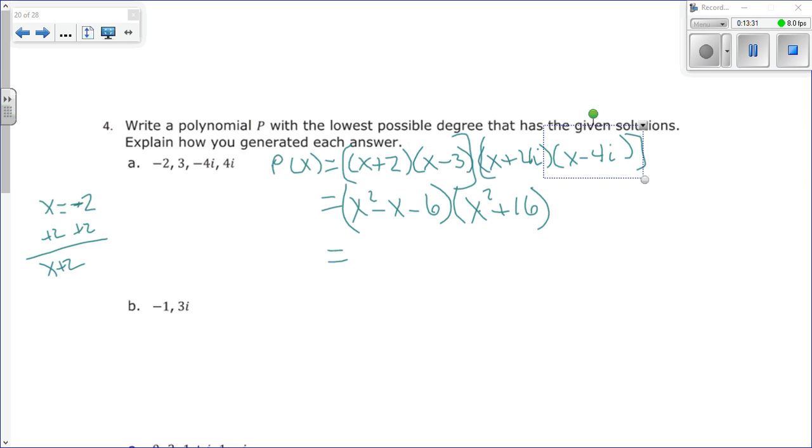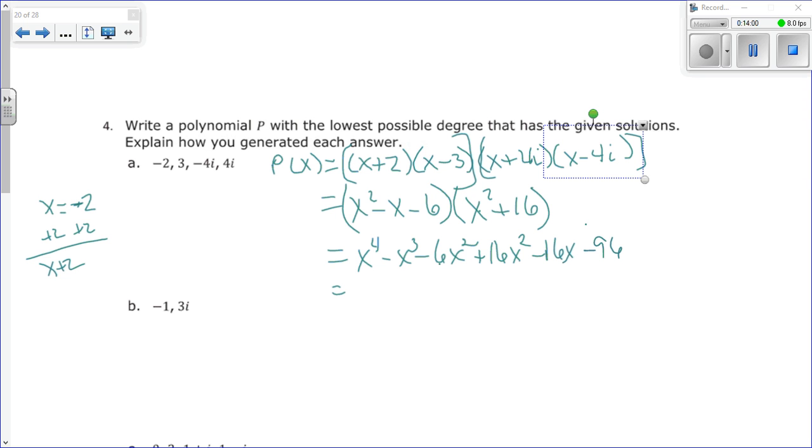And when I do that, I'll have x to the 4th minus x to the 3rd minus 6x squared. And then I'll have a plus 16x squared, a minus 16x, and a minus 96.